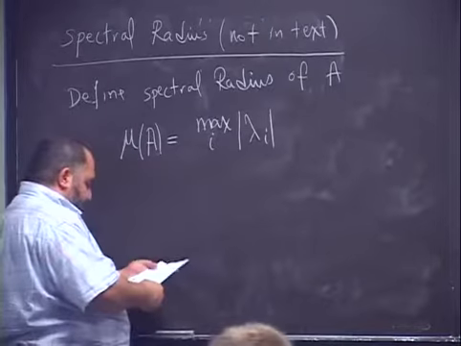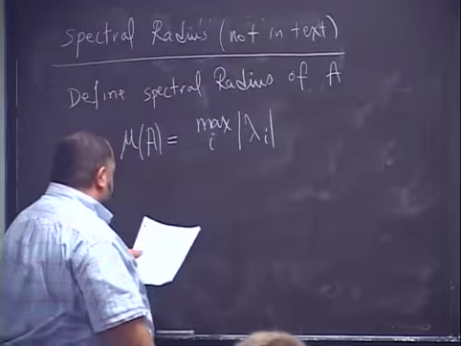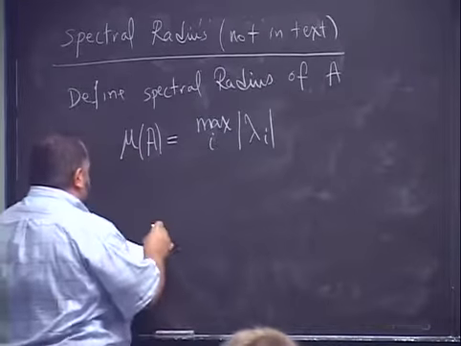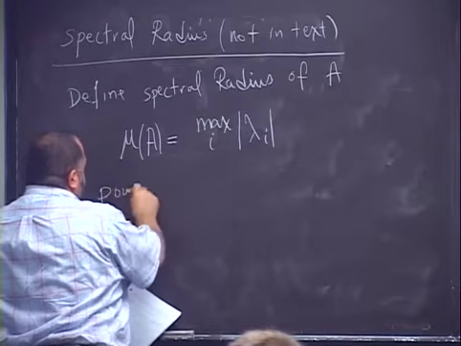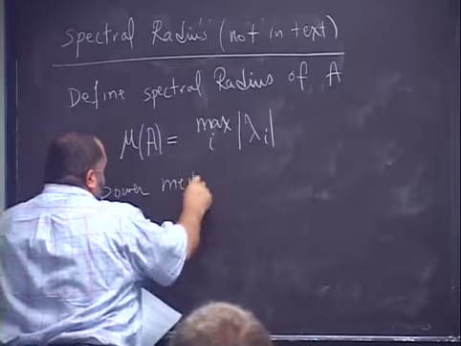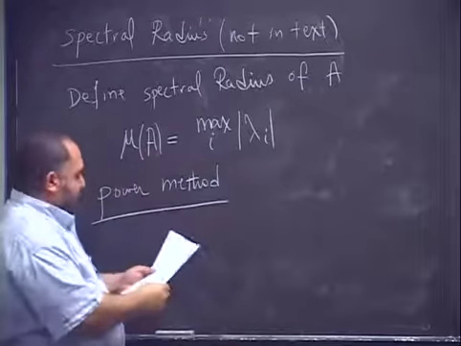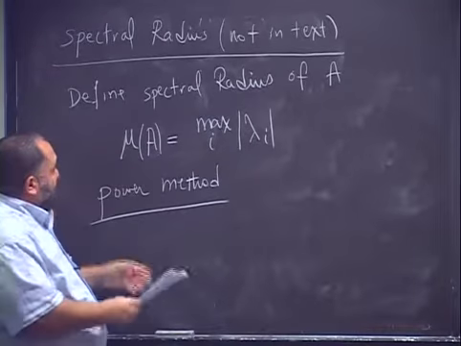So how to calculate the spectral radius here? We usually use a method called the power method. This is a very powerful technique to figure out the spectral radius.